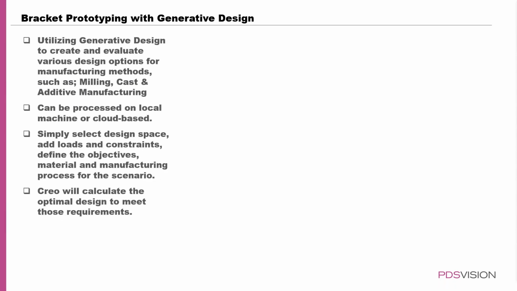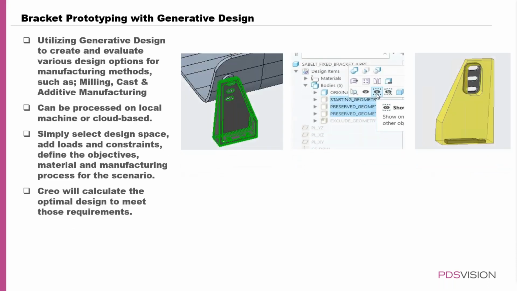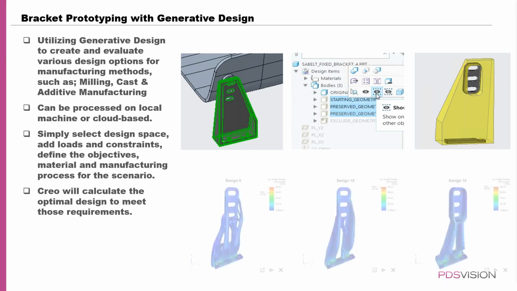So, utilizing the generative design extension for the bracket to create and evaluate various options for manufacturing, such as milling, cast, and additive manufacturing.